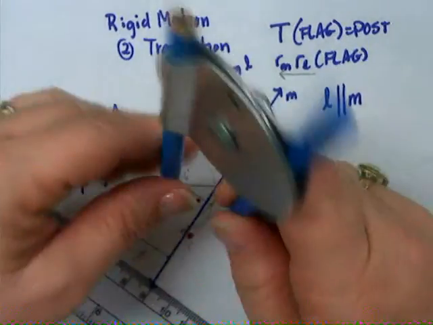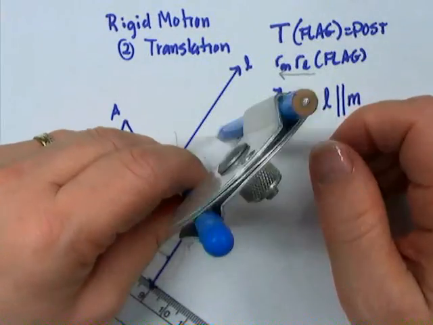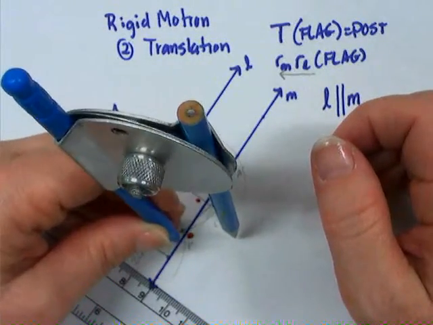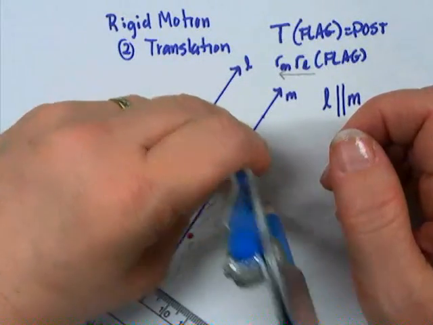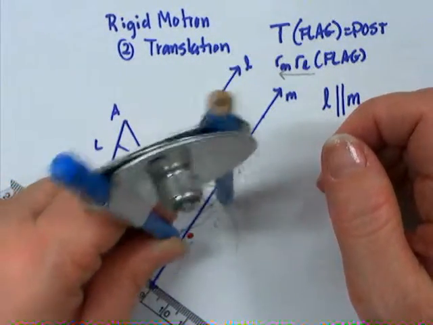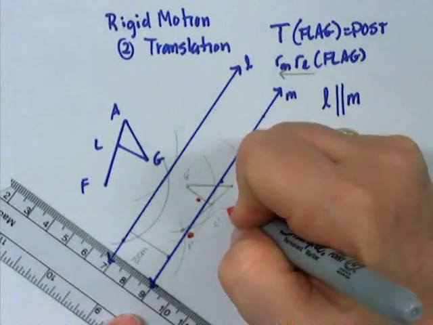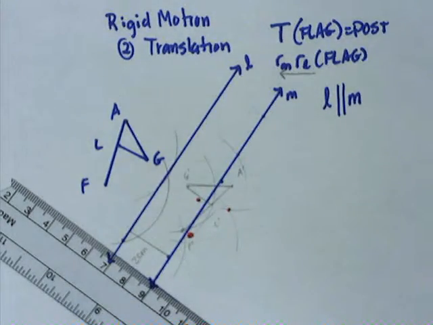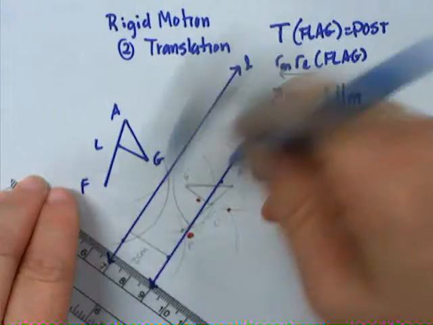I'm going to use the compass on these two. Forget about my stuff from L. This becomes my reflection of G prime, or G double prime. Same thing from A. Forget about L being there.